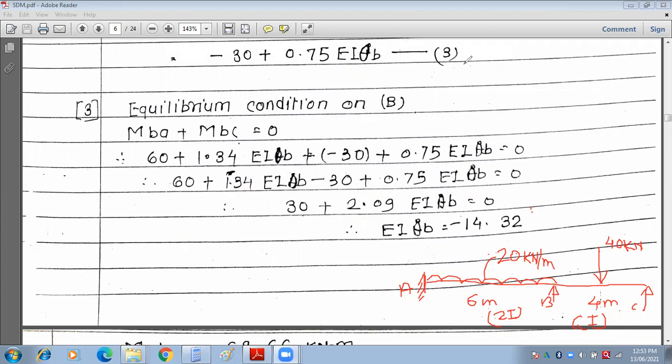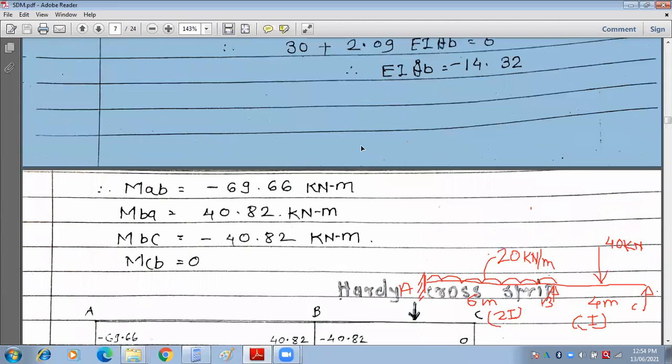Once you have got this value, the next step is that we have to put this value in equations 1, 2, 3 so that you will get the respective moments AB, BA, BC, and CB. CB is already 0.